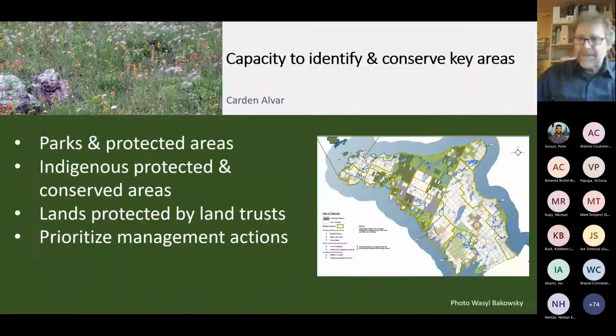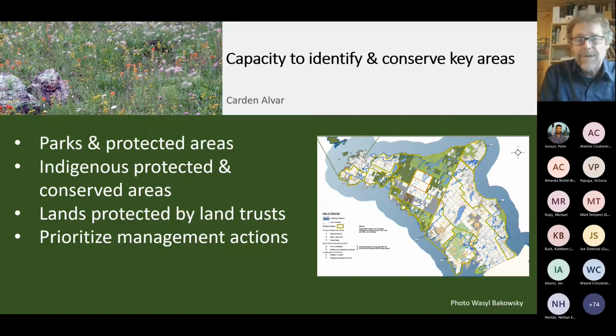Probably the most obvious application of KBAs is that they can guide land securement and land protection. At a national level, as we strive to conserve 30% of our lands and waters by 2030, KBAs can help to ensure that we stay focused on what we must protect rather than just what we can protect. They'll provide a set of preloaded conservation priorities that can help guide Indigenous protected and conserved areas and the work of land trusts across Canada.